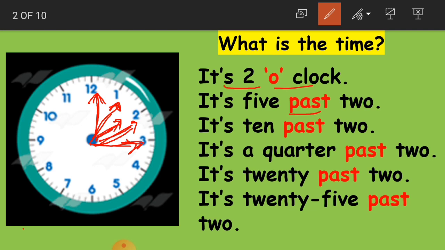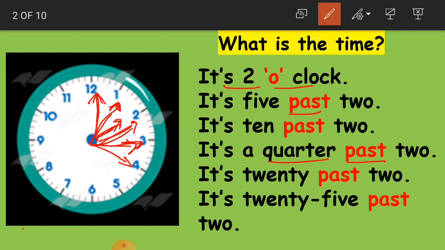Now we are talking about 15 minutes, that is one part from 4 parts. So it's a quarter past 2. Quarter past 2 means it is 2:15.